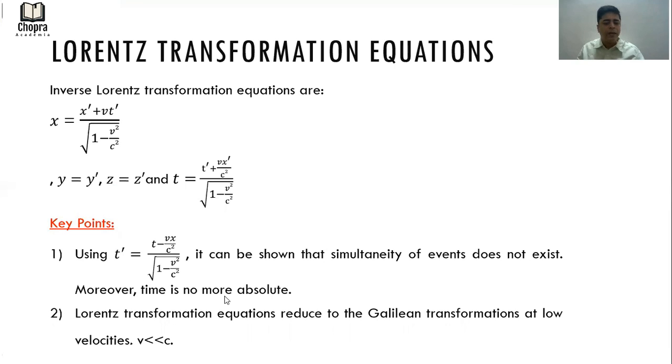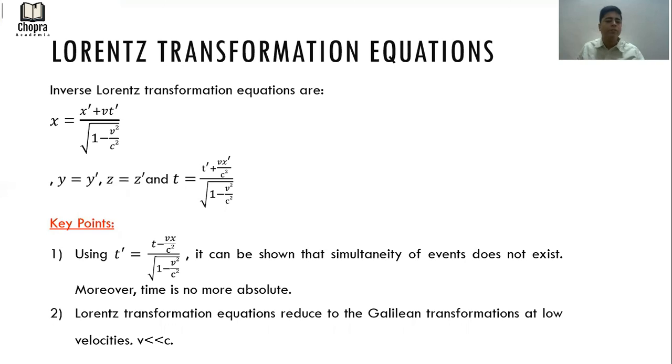So if t' is not equal to t, then as well we can say that simultaneity of events also does not exist. That means t2 minus t1 is no more equal to t2' minus t1' if I take two events P1 and P2. That is what is meant by simultaneity of events. So we say that time is no more absolute when we increase the speed to the order of c.